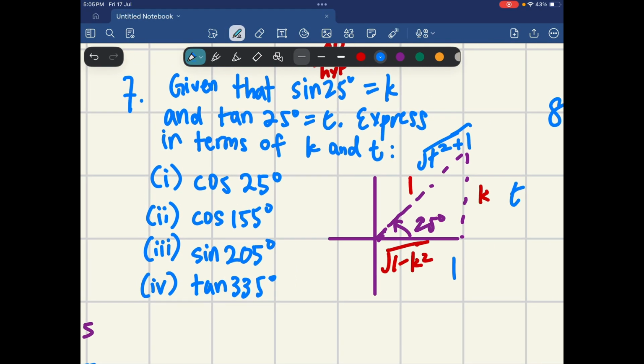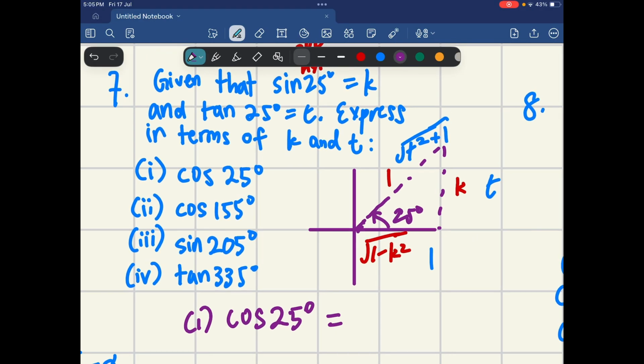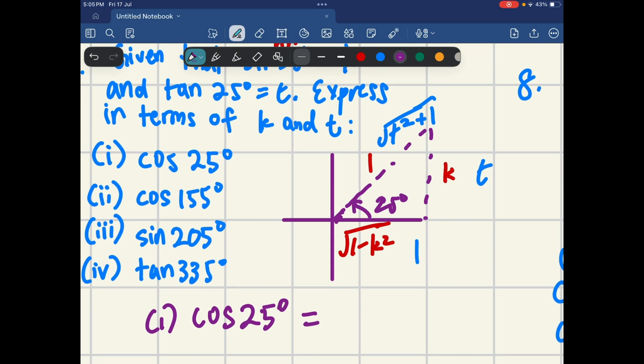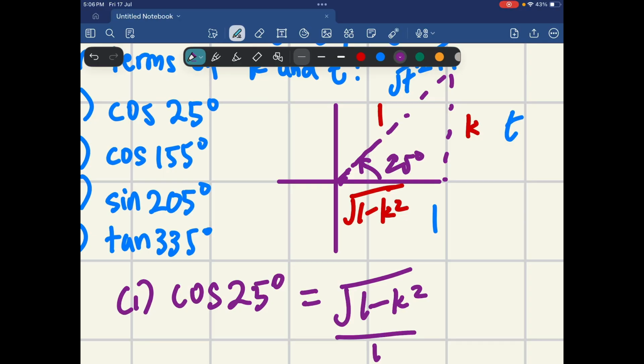So now we can do these questions. Cosine 25 degrees will be adjacent over hypotenuse. So it'll be this. But then the divide by 1 is redundant.